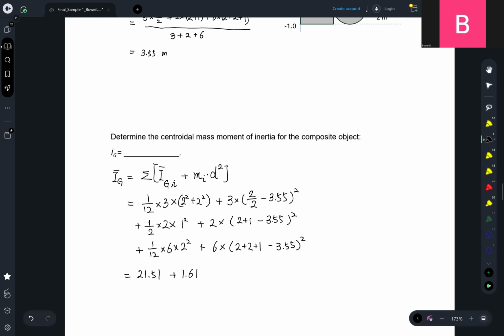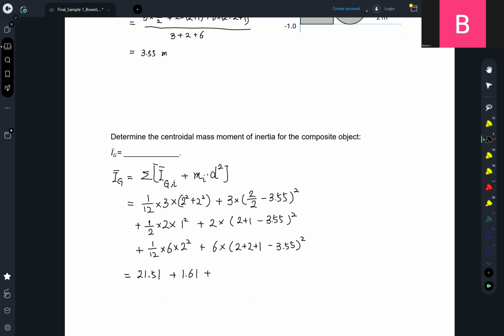Then comes the third part. It is 1/12 times 6 times the square of the length, plus again the parallel axis theorem.